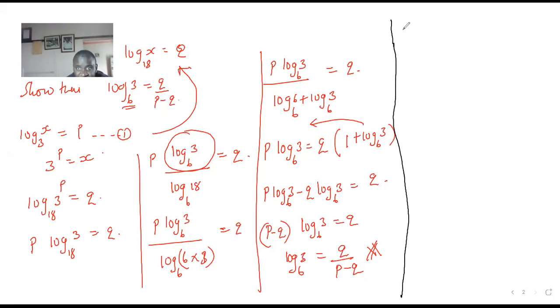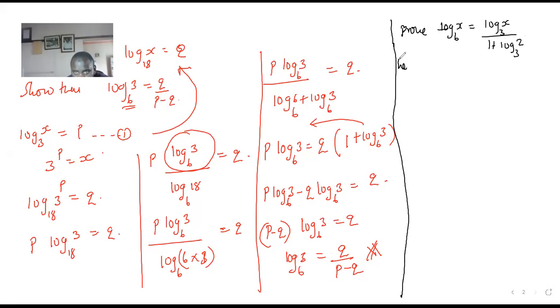There's another one. It was number 3. Prove that 1 over log base 6 of x is log base 3 of x over 1 plus log base 3 of 2.